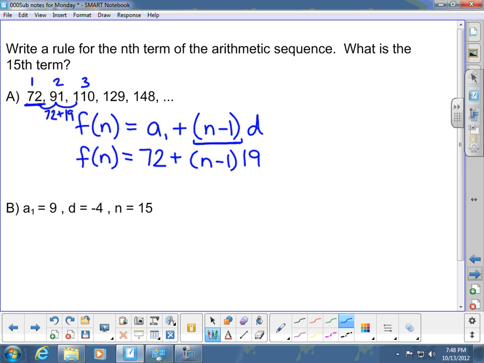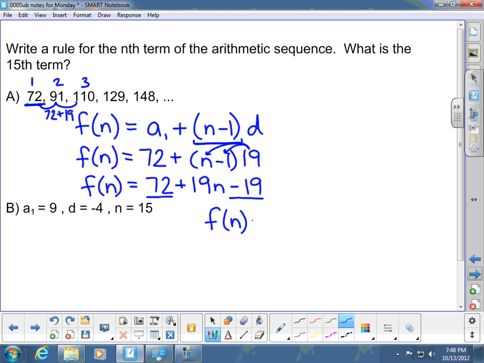We could leave the formula like that, or we could distribute and clean it up a little bit. We could say that the nth term is 72 plus 19n minus 19. And if we combine the like terms, we could say that the nth term is 19n plus 53.